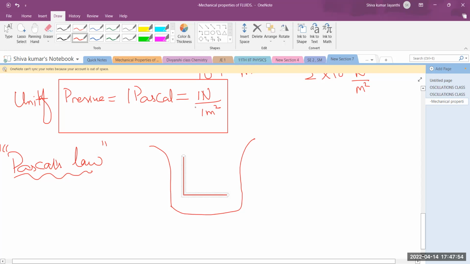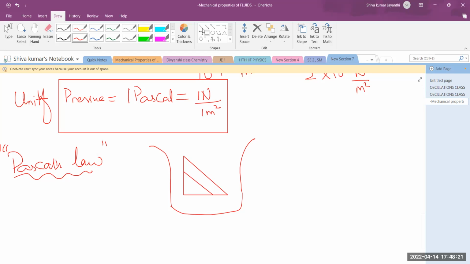Pascal's law clearly says that a body experiences pressure equally at every part of the body. It will not be different at different parts of the body.